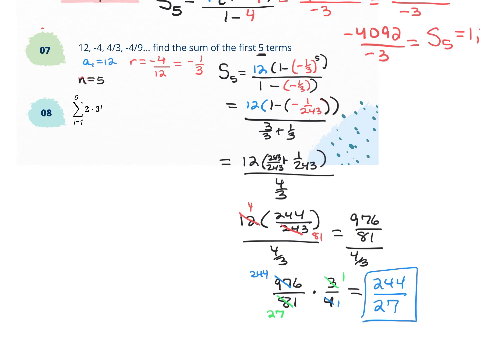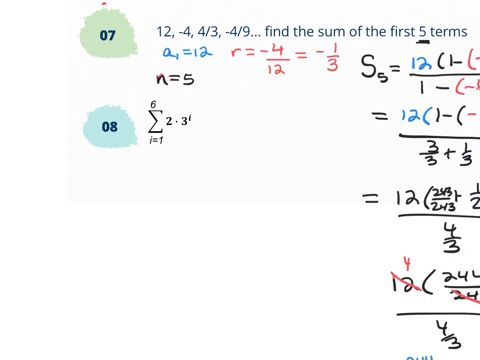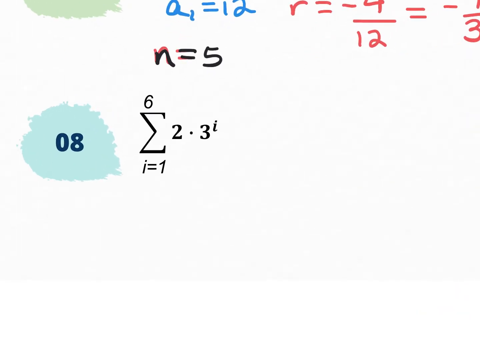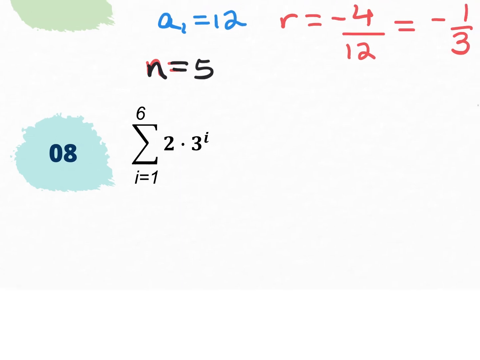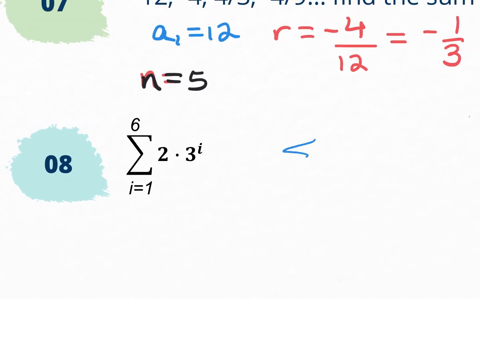So let's try number 8. So if you recall, the formula was this: n, i equals 1, and it was a sub 1 times r to the i minus 1 power.